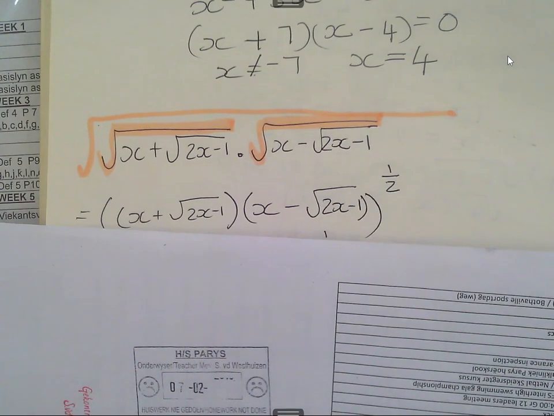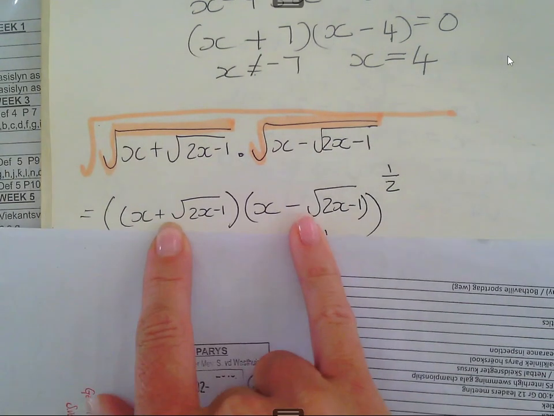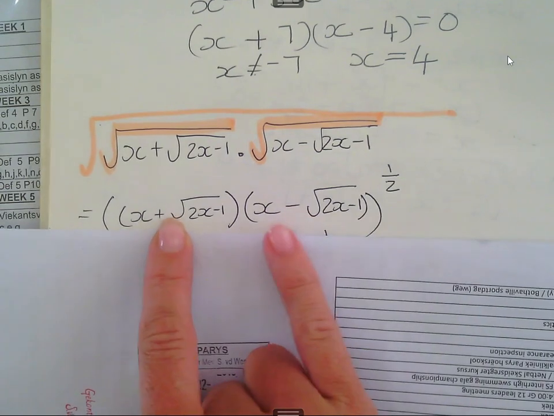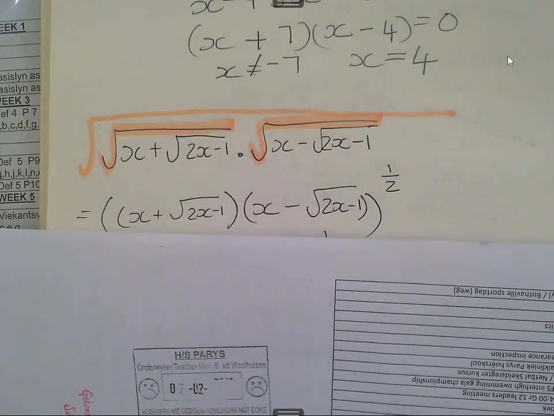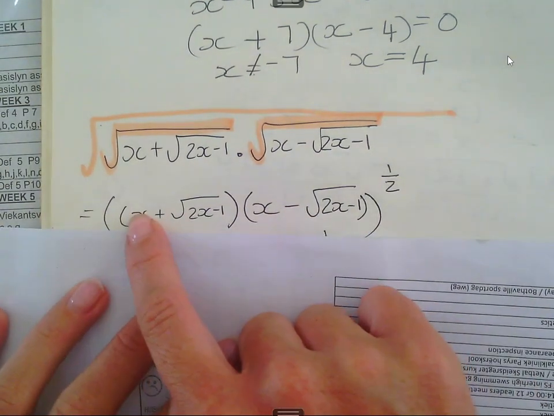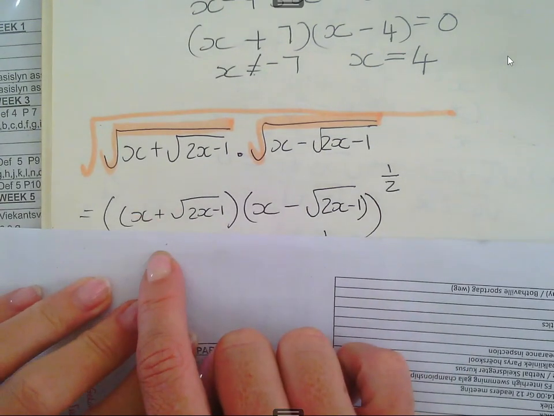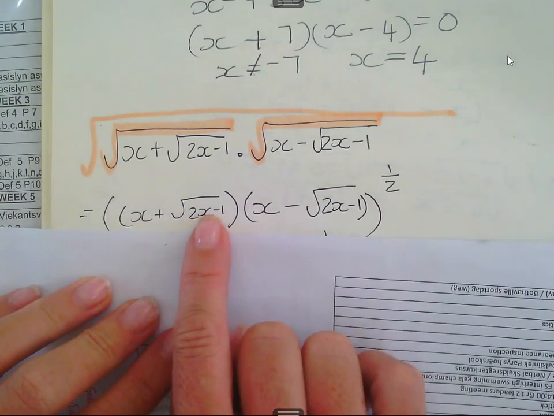It's the difference of two squares that has been multiplied out. Which means I can write these two brackets differently. I can make them smaller by saying it's this one's square minus this one's square.